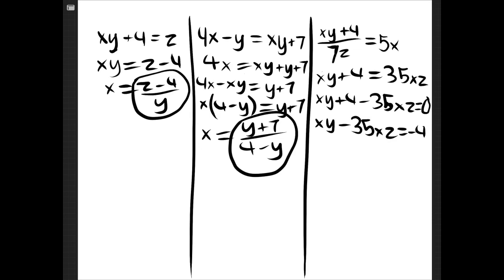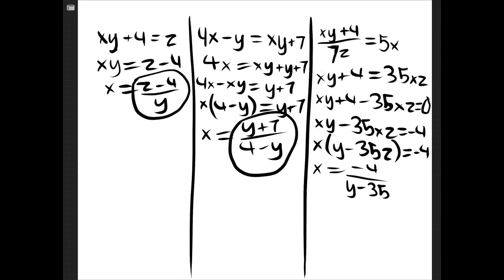So then we have x times y minus 35z equals negative 4. And then now, like we did on the second problem, all we have to do is divide by that y minus 35z, and then we'll have x on its own. Negative 4 over y minus 35z.